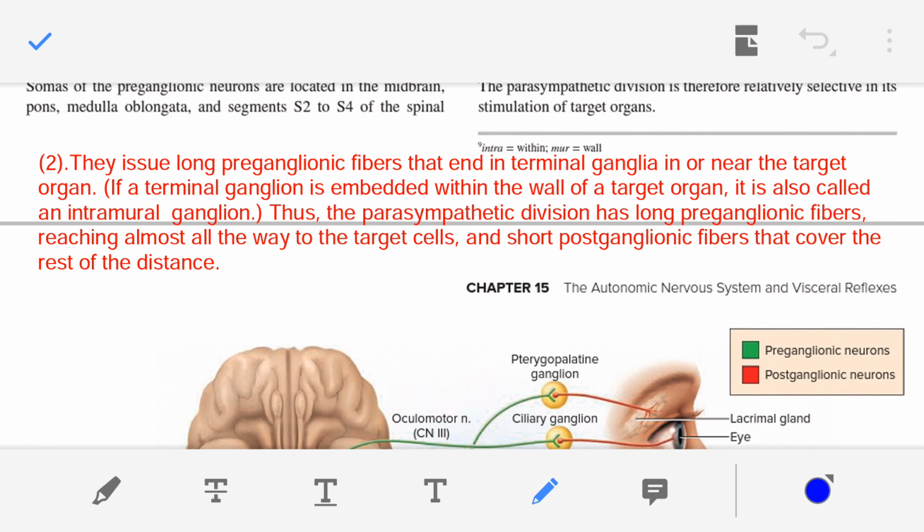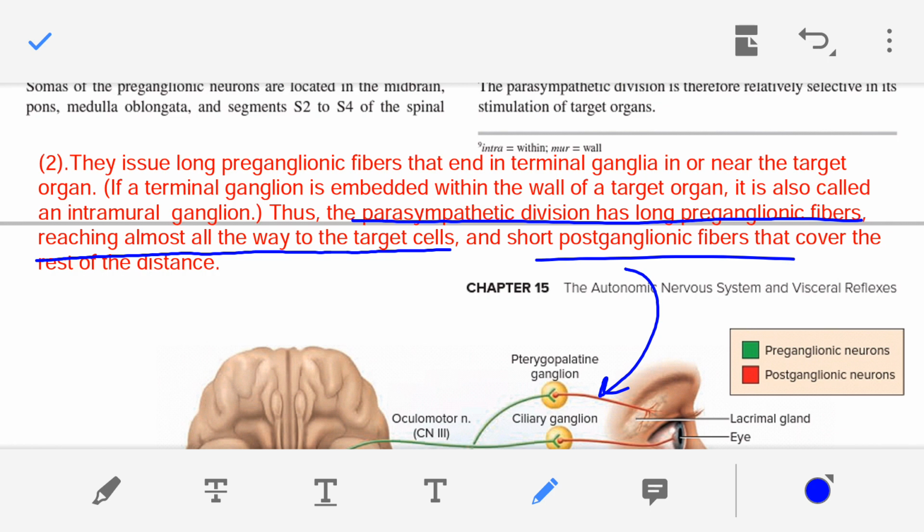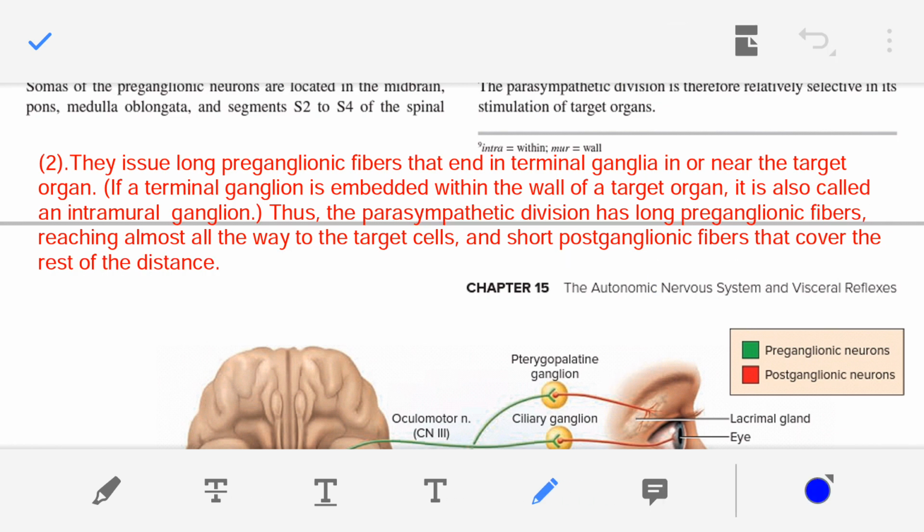Now, parasympathetic division has a long preganglionic fiber, and these preganglionic fibers reach almost all the way to the target cell, and the postganglionic fiber, for example this one, is very short and covers a very short distance.